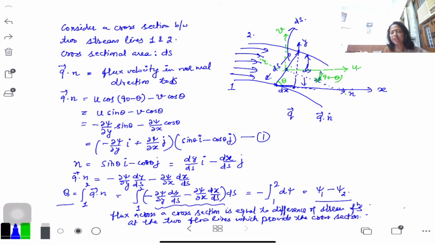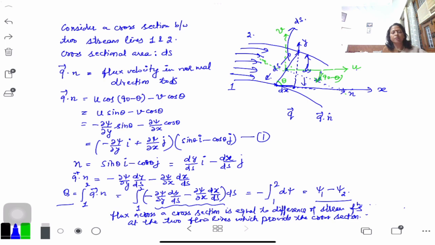So this result is very important. Whenever you know the value of stream function at the two streamlines, you can easily find the flux, or whatever is the amount of the fluid which is passing through the cross section joining the two streamlines. So this is the importance of this stream function.